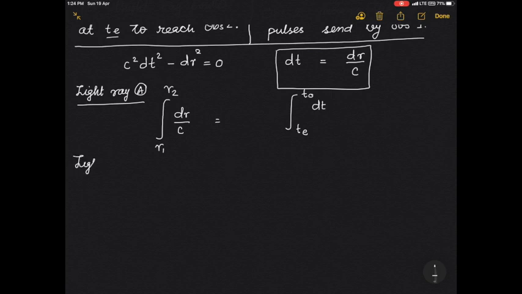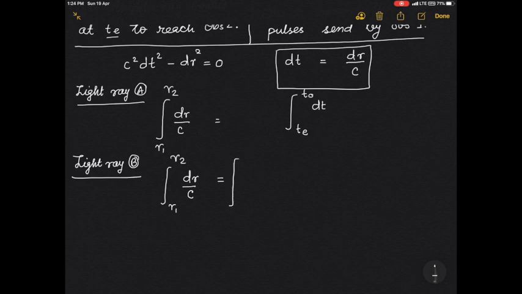If I do this integral, obviously I will get things for the first light ray. But let's not do the integral straight away. Let's look at light ray 2, or light ray B. Again it emits at position R1 and is received at position R2, so the left hand side of the integral doesn't change.